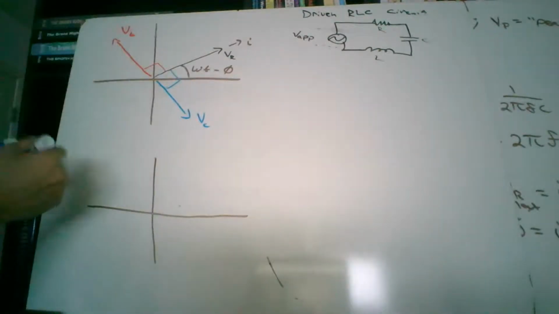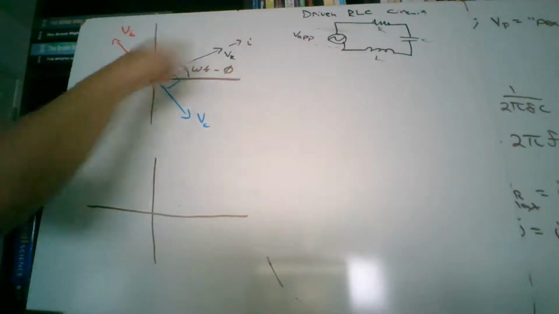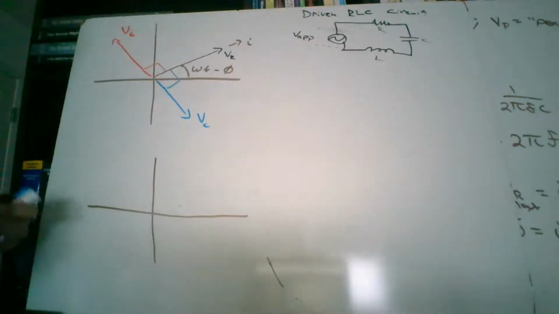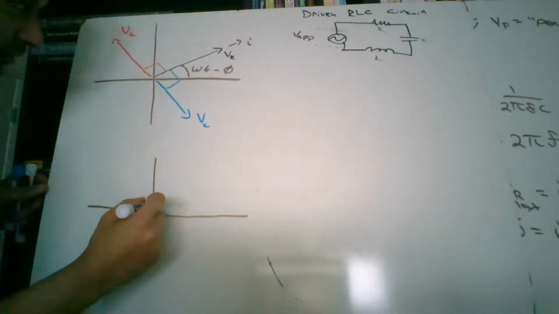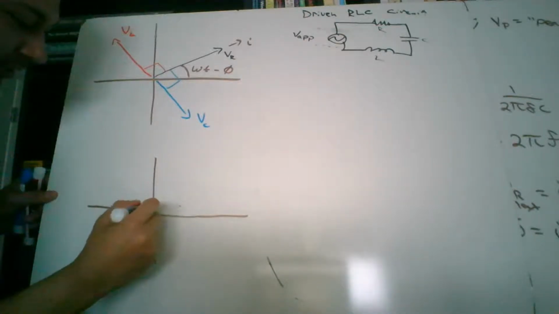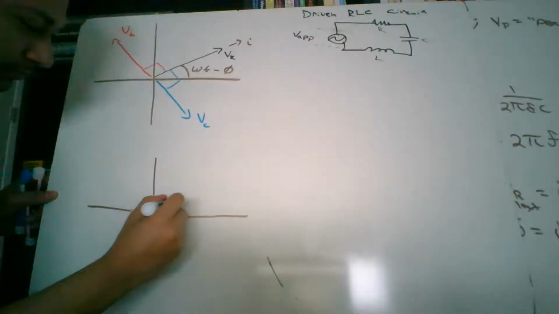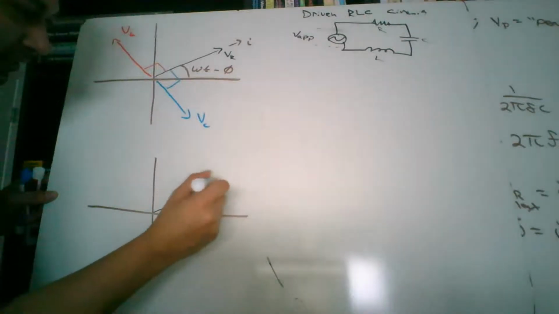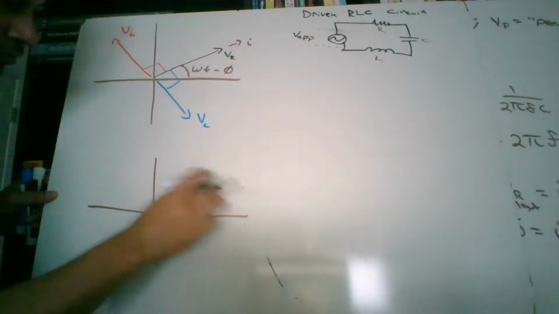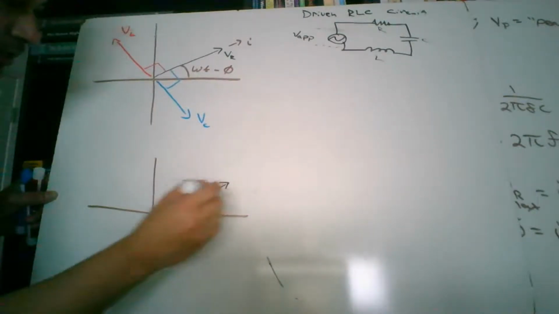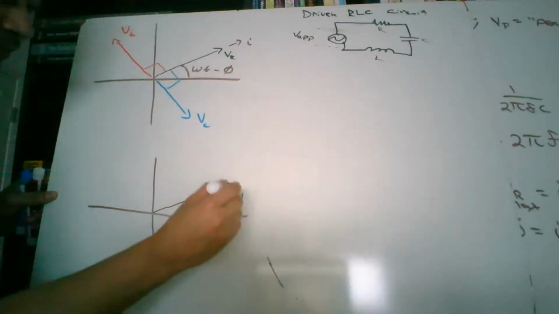So let's do this out. The first thing we're going to do is put the resistor here. My goodness, it is hot without the fan on, but I'm going to keep doing it because I love teaching. So here, there is the voltage of the resistor.